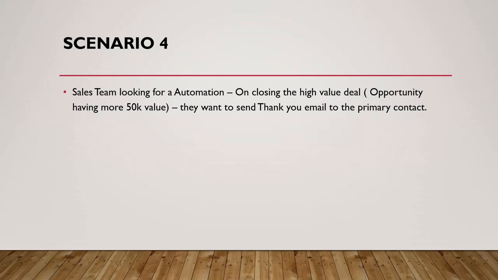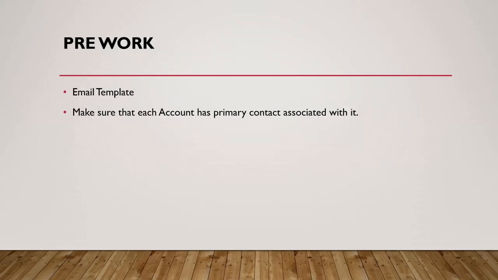Let's understand what pre-work is needed to achieve this automation. The pre-work is we need to create one email template. Normally we get the email template from the business users, but for practice purposes, we will create our own. Another thing is that we need to identify our contact as primary.